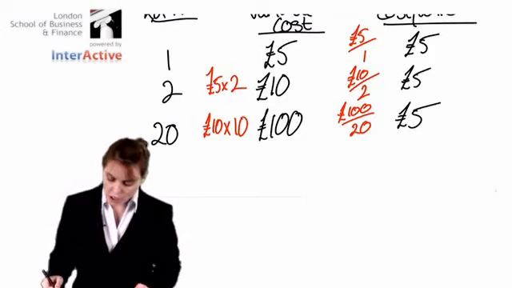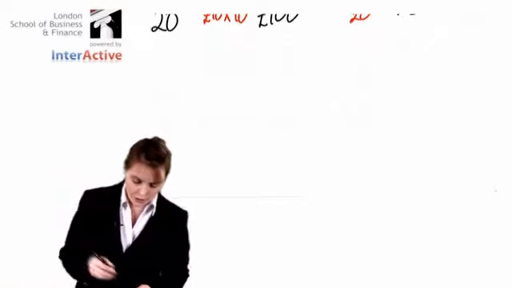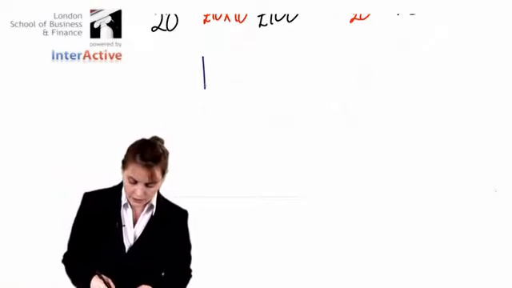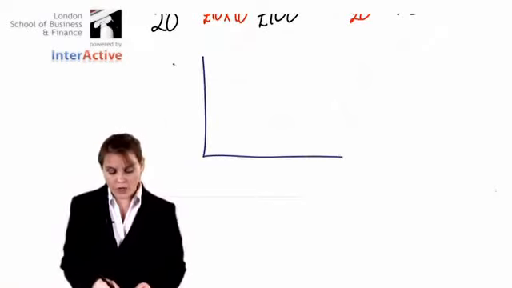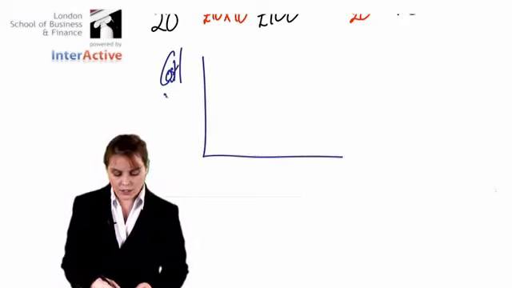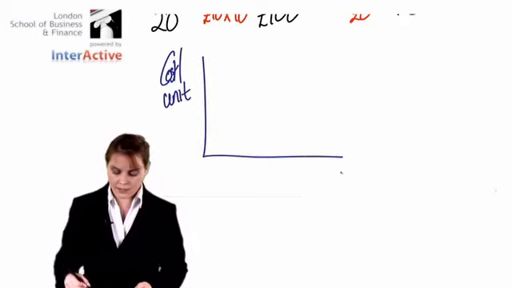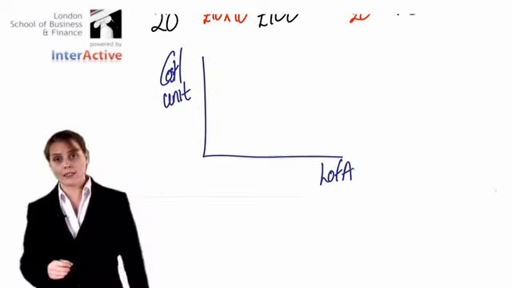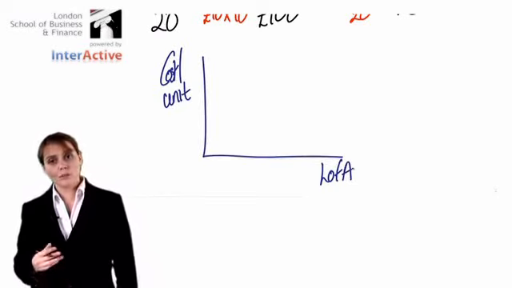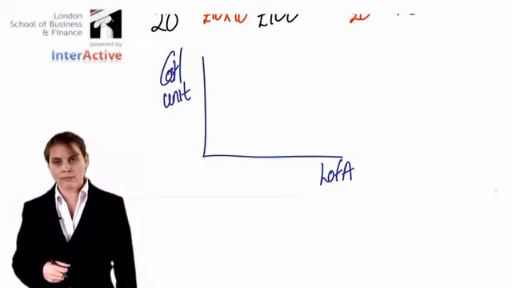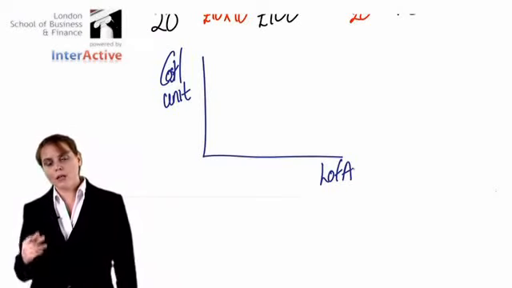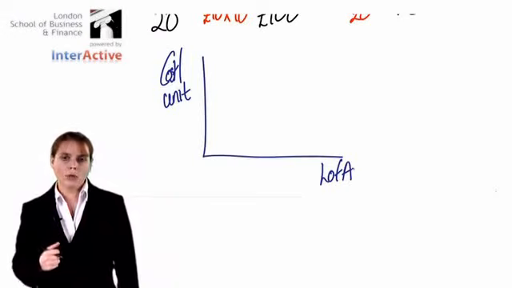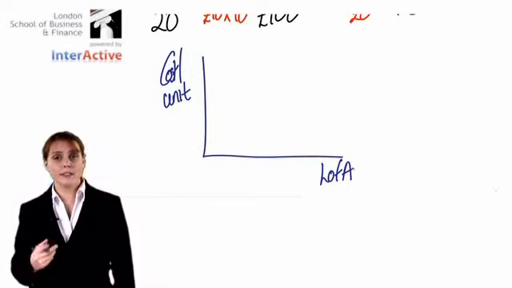If we were to show our variable cost per unit on a graph, this time we've got our cost per unit on the y-axis and our level of activity on the x-axis. So we'll ask our first question. What will the variable cost per unit be when our level of activity is 0?